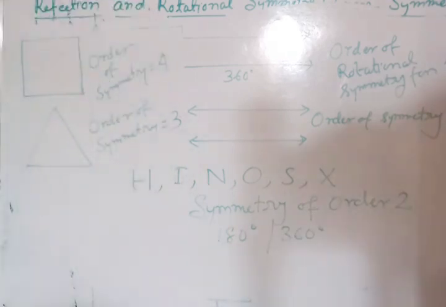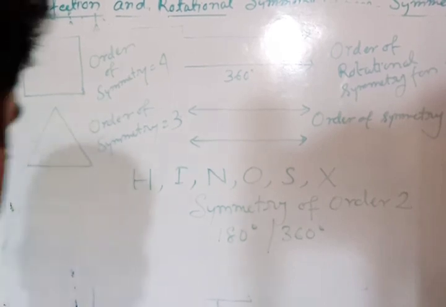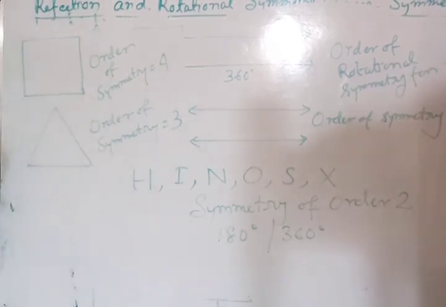So that's it for the symmetry. Hope you will understand what I want to tell you. So this is a small representation of my lecture regarding symmetry. Hope you will understand it.